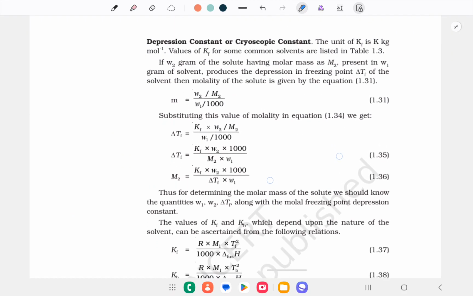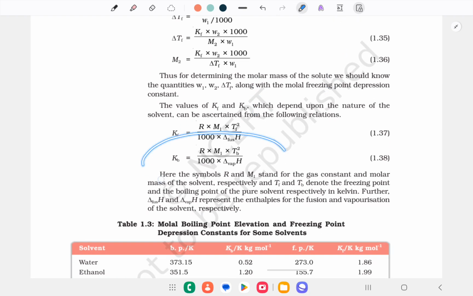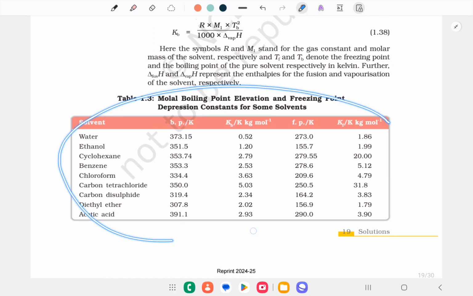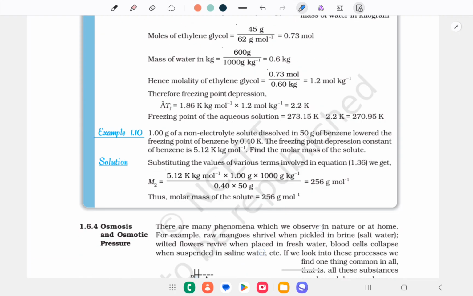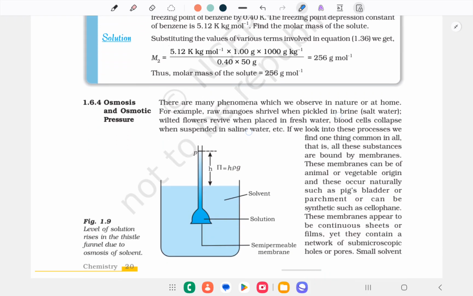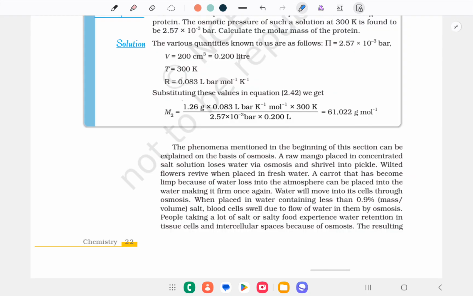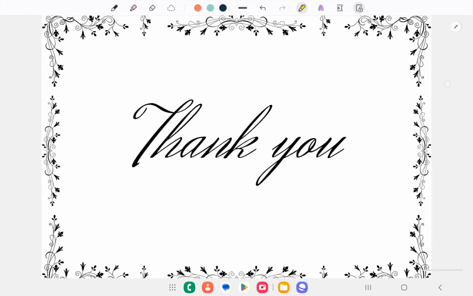Here we have the cryoscopic constant, and these are the 2 important relationships we have to remember. A table is provided and questions are given. In the next part we will start with osmosis and osmotic pressure and we'll wind up this whole chapter. Thank you so much for watching.